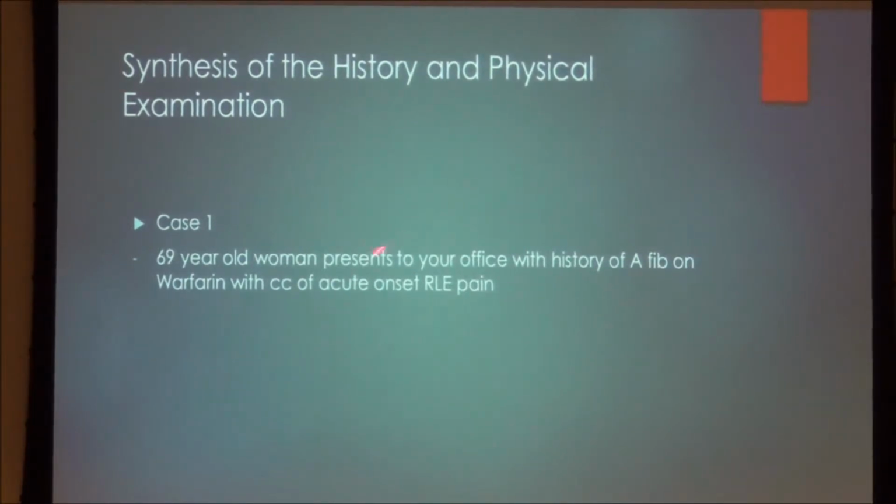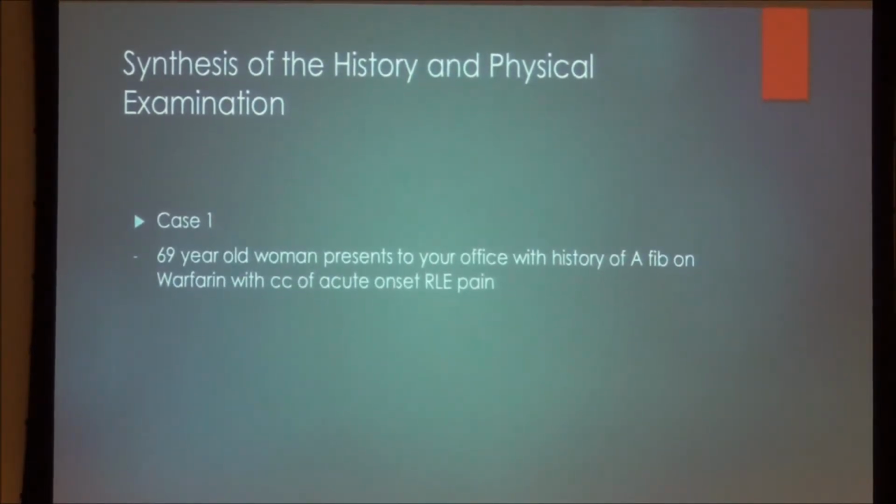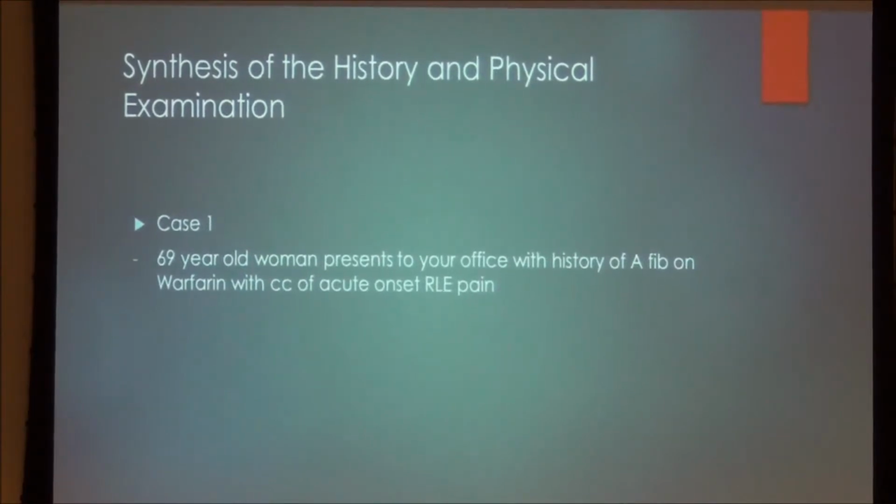But if you still have time and you think you can get a CT angiogram, that's a reasonable thing to do, because there are other reasons for having acute onset right lower extremity pain and ischemia of the right lower extremity.